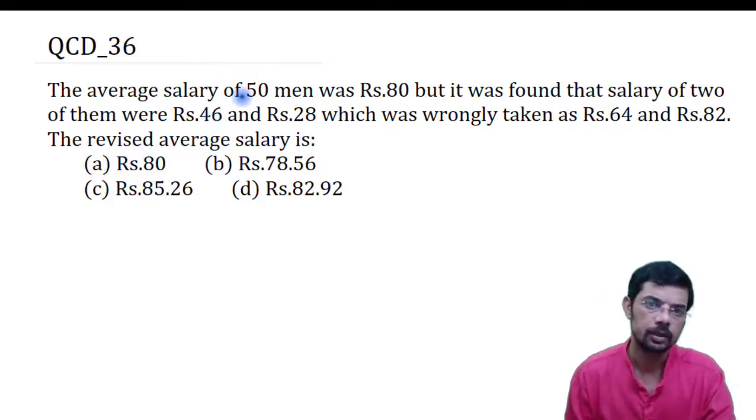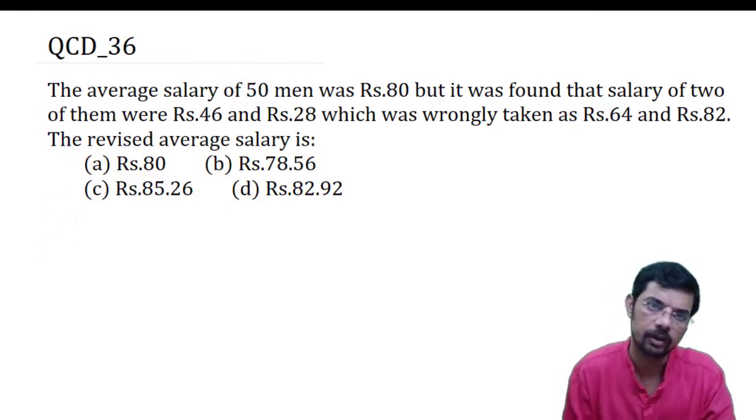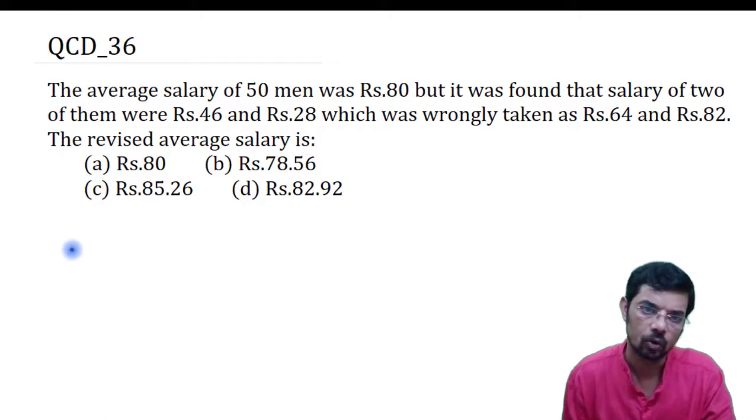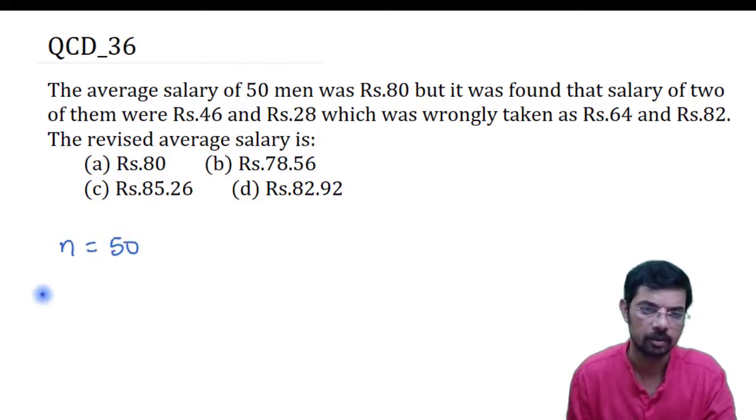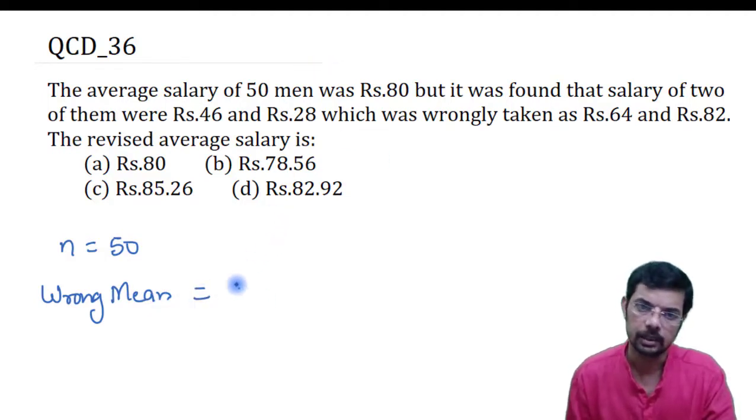Here we have the wrong mean. Here n is equal to 50 men. The wrong mean of 50 observations was 80.